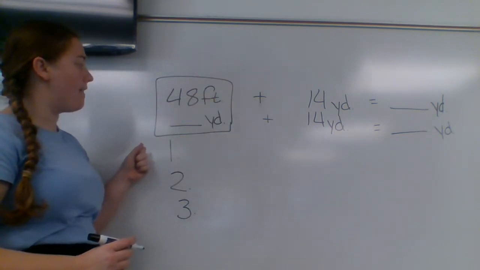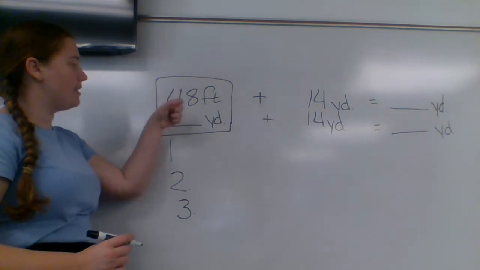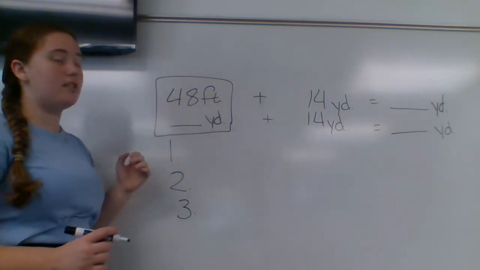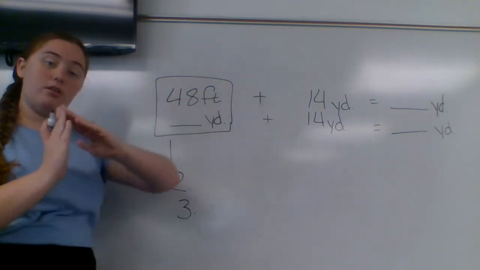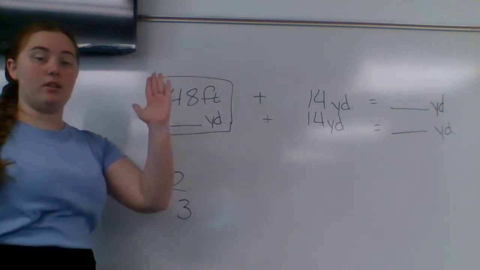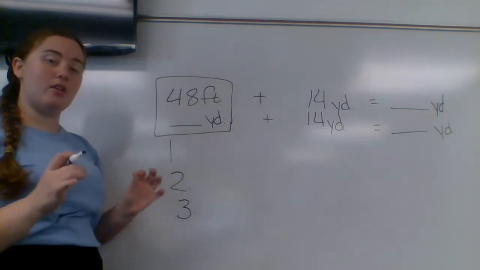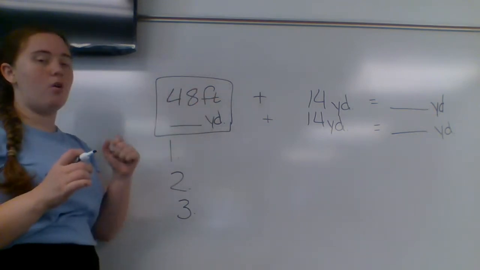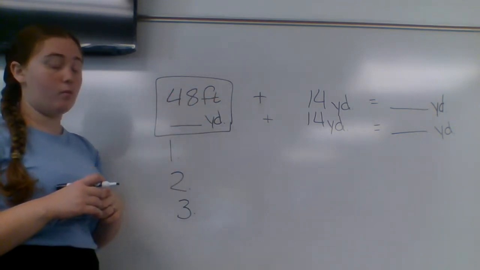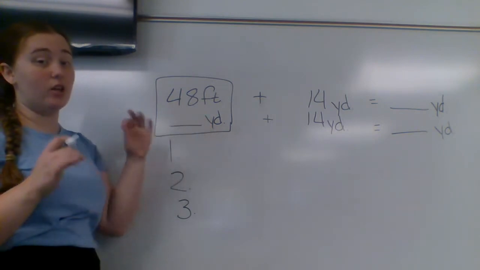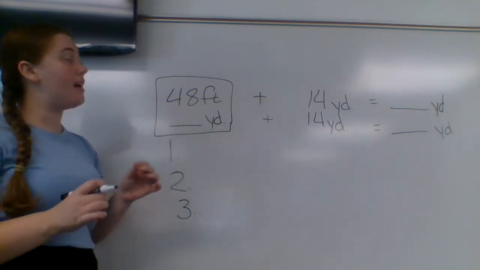So I have, let's see, we're going from feet to yards. Is that smaller to larger, or is that larger to smaller? We have feet to yards. Which one is larger, a foot or a yard? Well, a yard is definitely larger than a foot.